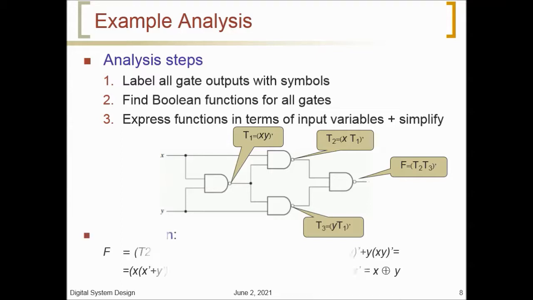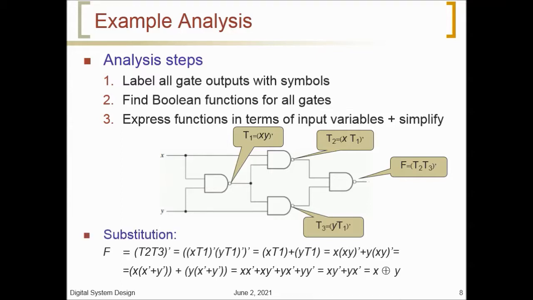After that, find the Boolean function for all gates. When we write it from last to first stage, F is equal to (T2 T3) whole complement, and then we put the values of T2 and T3, that is X T1 complement and Y T1 complement.